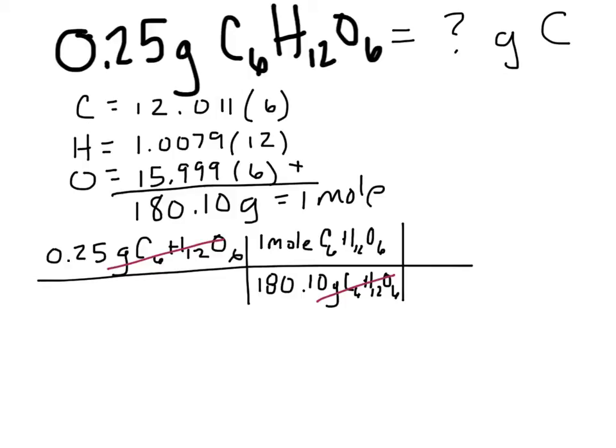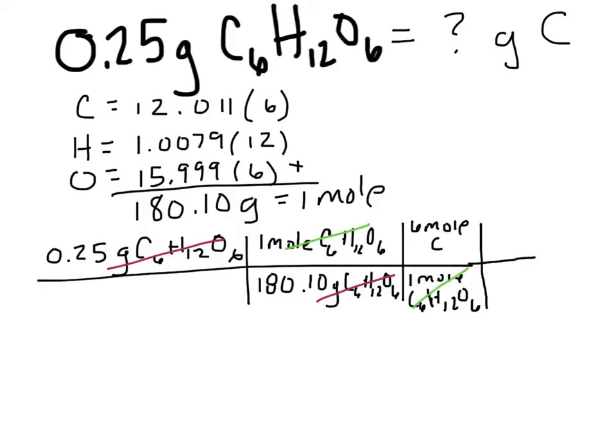Now I can say, okay, well, in 1 mole of C6H12O6, how many carbons are there? Well, there's 6, so that means there's 6 moles of carbon. So at this point, I can go ahead and cancel out moles of C6H12O6. Now I'm in moles of carbon.